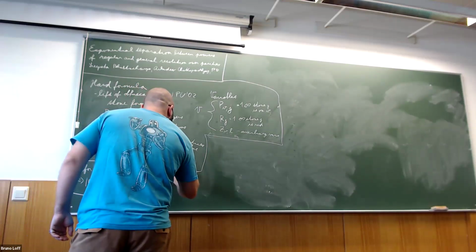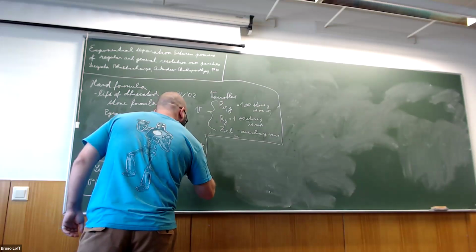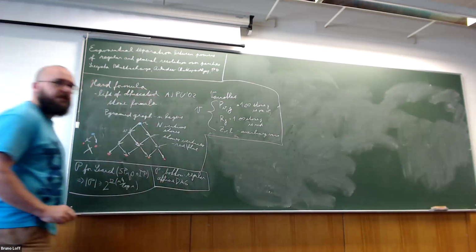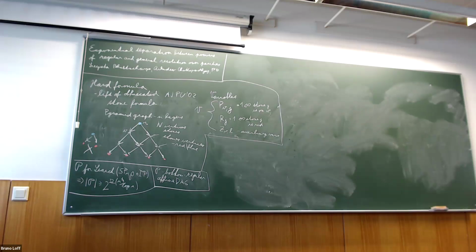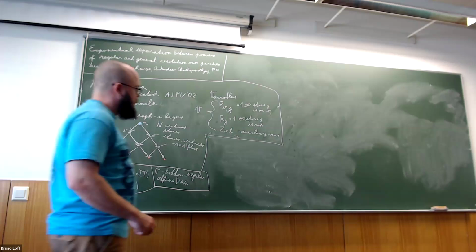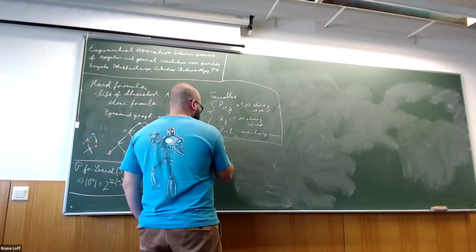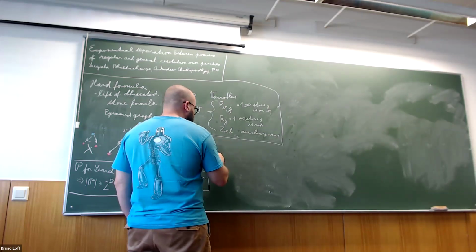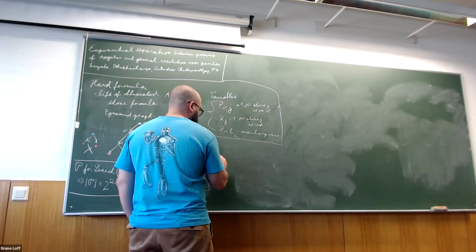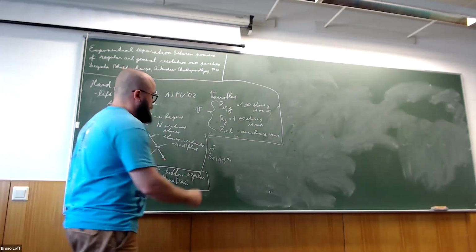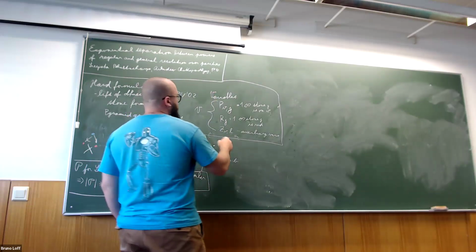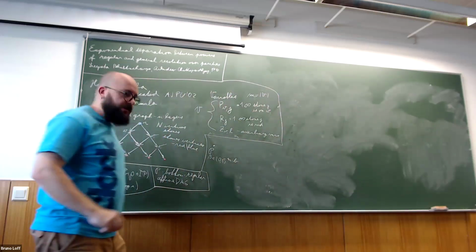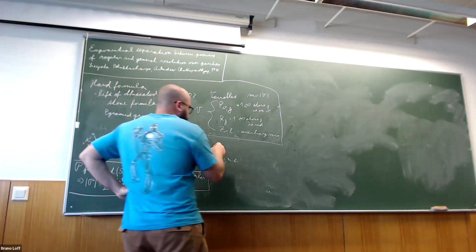So if P is bottom regular, let's have the root of P, and let's have some input beta, where m is the number of variables of the unlifted formula.